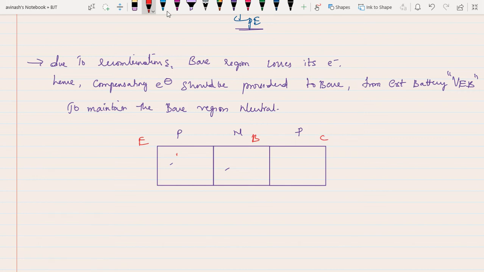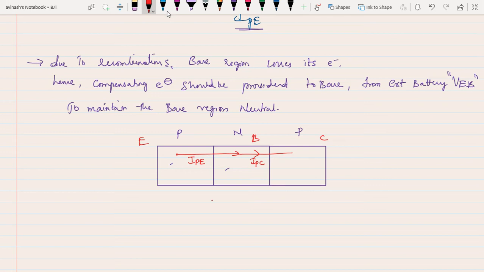From this P region, it is reaching from emitter to base. This is called IPE. And once it reaches the base, from that base the transportation of carriers is again transferring from base to collector. This is called IPC.